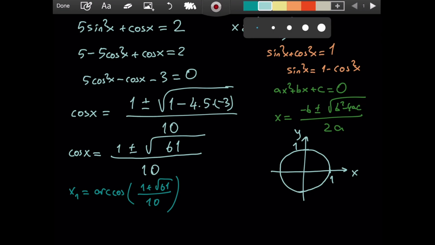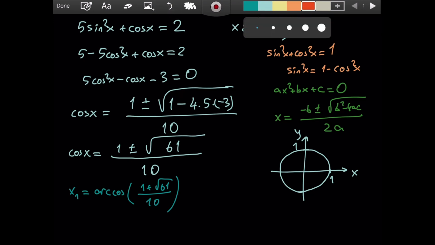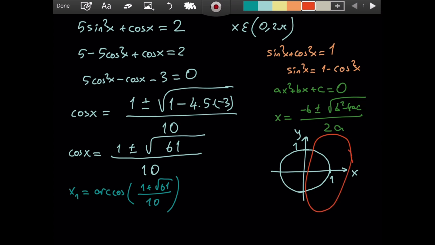That would give some angle, and I know that it's going to give some angle that is, well, this is positive, right? So you can sense that it is going to give something in this region. That's where the positive cosines lie, because the cosine is associated with the x-coordinate, right?